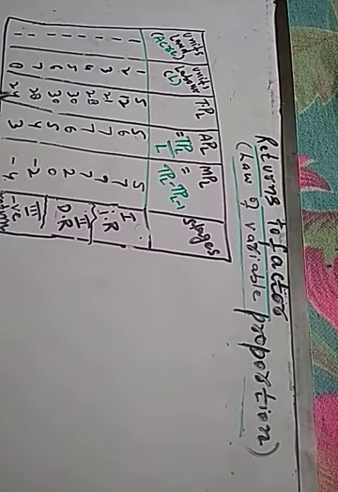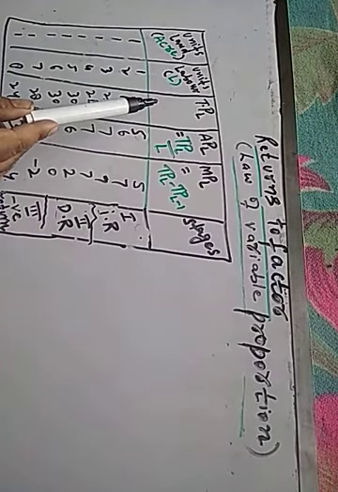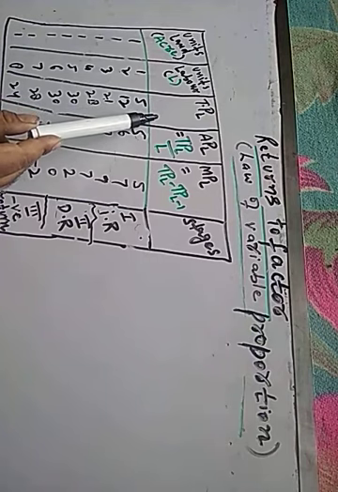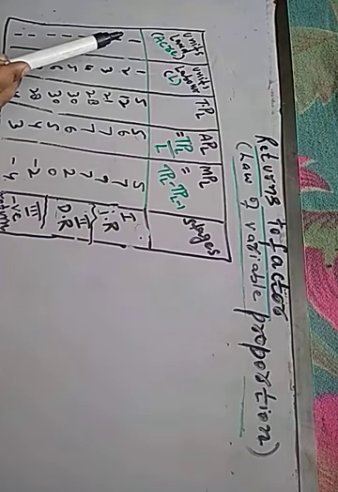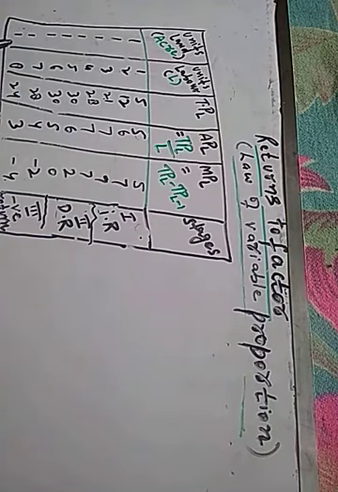And in this table we have shown the returns to factor, that is returns to labor, which is the variable factor, employed along with a fixed factor, that is land, to produce different quantities of rice.